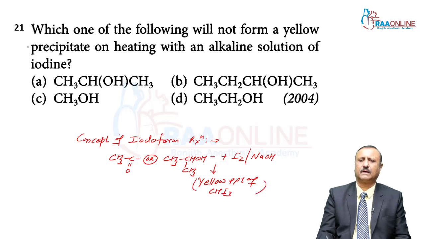This is the iodoform reaction, because you get iodoform as a yellow precipitate from iodine and NaOH. NaOH is called the alkaline solution.